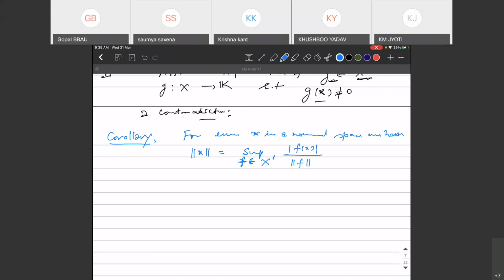I am dividing by the norm of f, so f must be non-zero, because otherwise I cannot define this quotient. Okay, so let's see a proof.